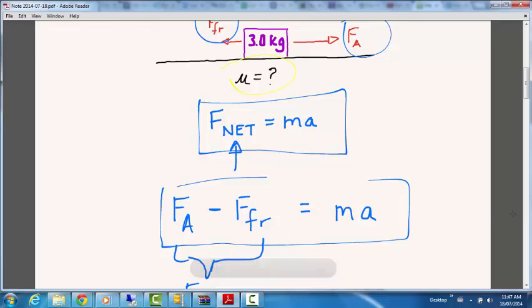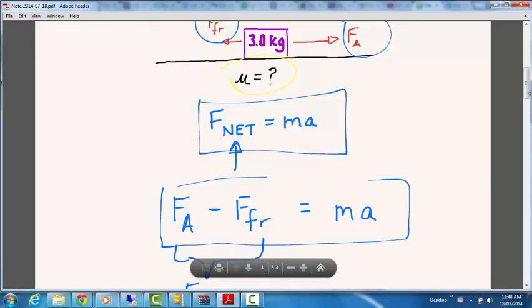So we put a minus sign in front of the force of friction because the friction is preventing the box from moving as quickly as it would when there isn't any friction. So this side here is, again, the net force. The right side remains the same. It's equal to ma.